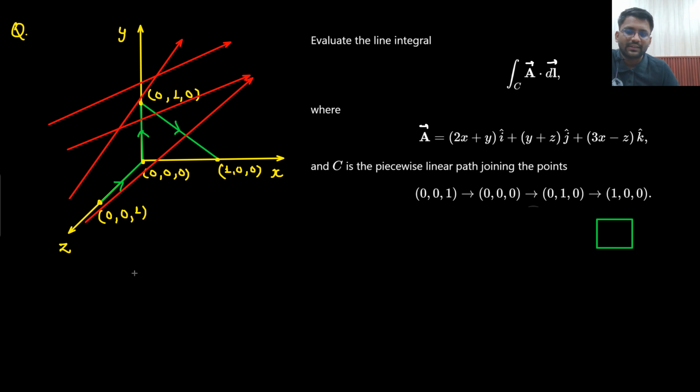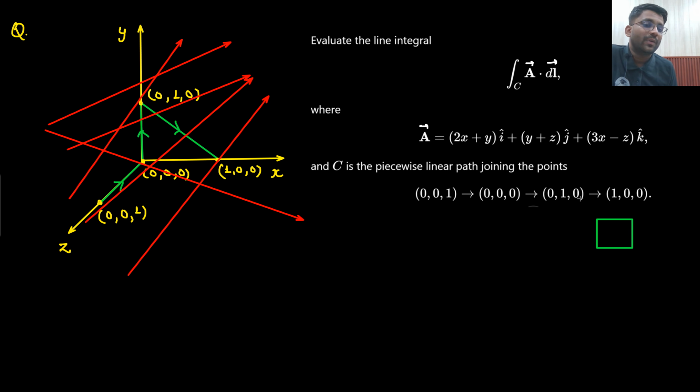Now in this field you need to move along the curve (0, 0, 1) to (0, 0, 0) to (0, 1, 0) to (1, 0, 0). And when you move along the curve, what is the value of the integral of A dot dl? This is what you are supposed to calculate.